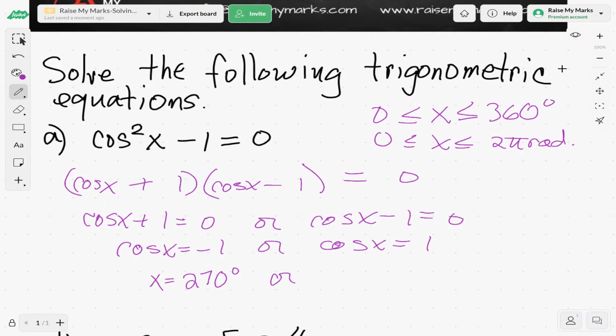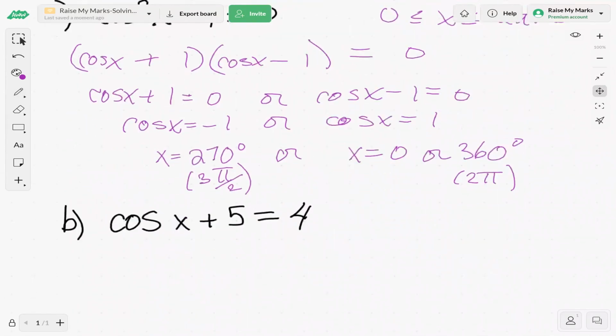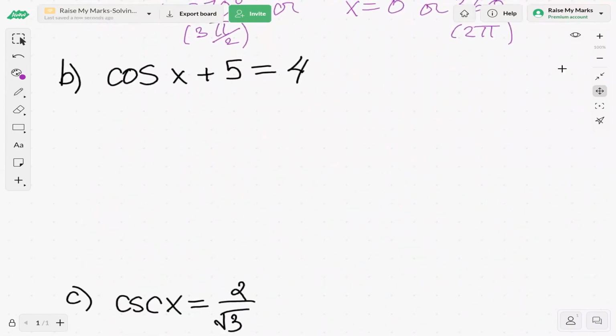That's when cos x equals negative 1. Or when cos x equals 1, that means x equals 0, or 360 degrees. Good. And I've just put the radian equivalents in there. All right, so let's look at the next one.